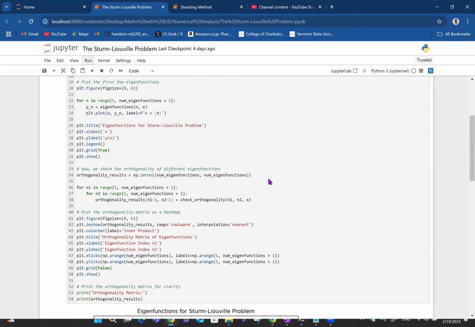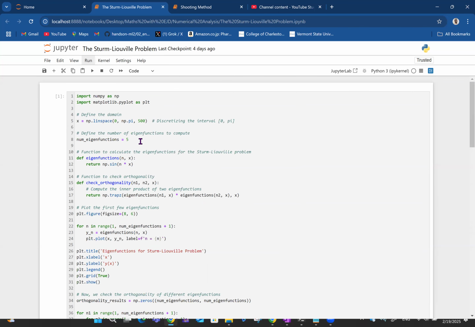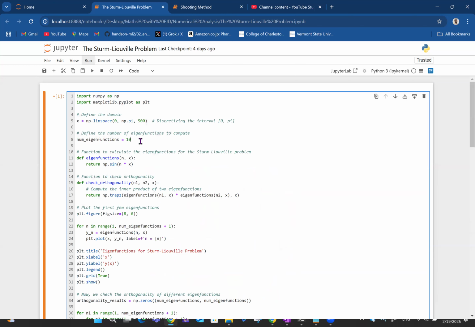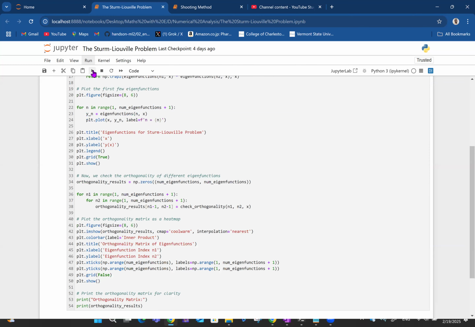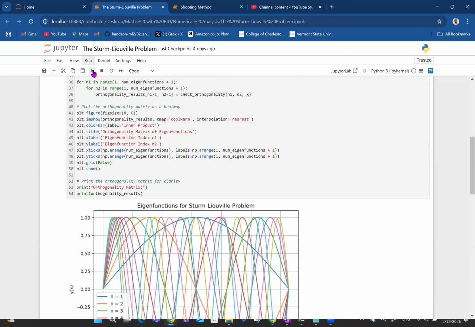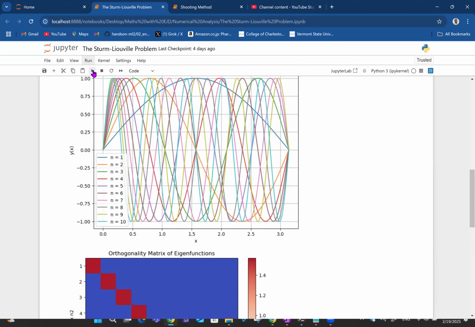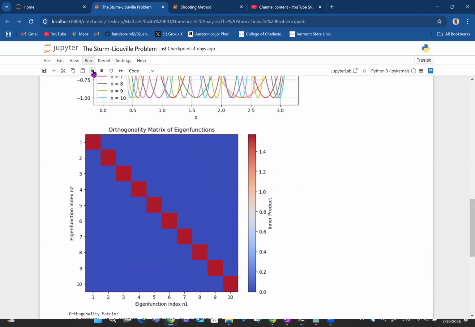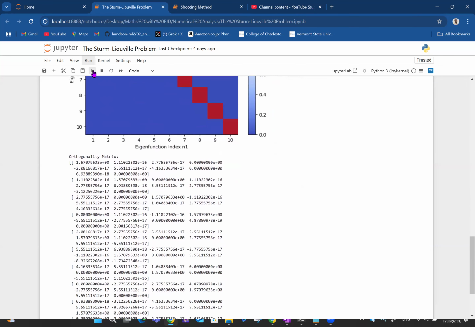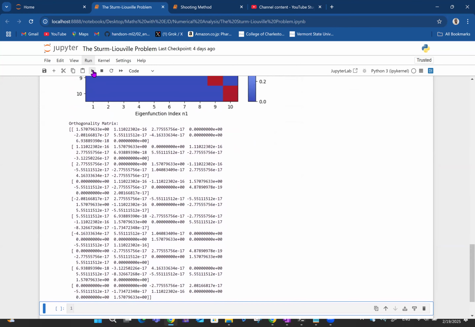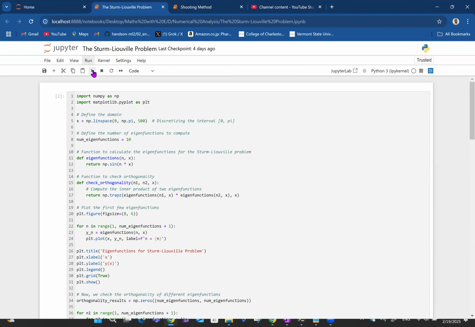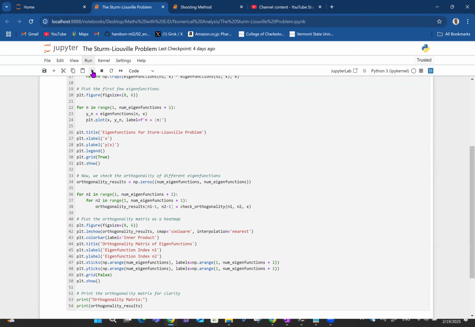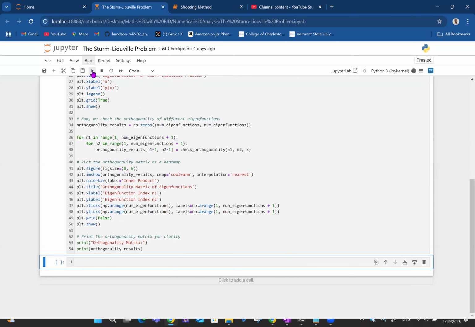If I increase the number of eigenfunctions, say I want 10, we're going to have 10 functions like that. You see it's more serious like this. We also have the orthogonality matrix of the eigenfunctions displayed down here. If I do 100, that's going to take a bit of time.